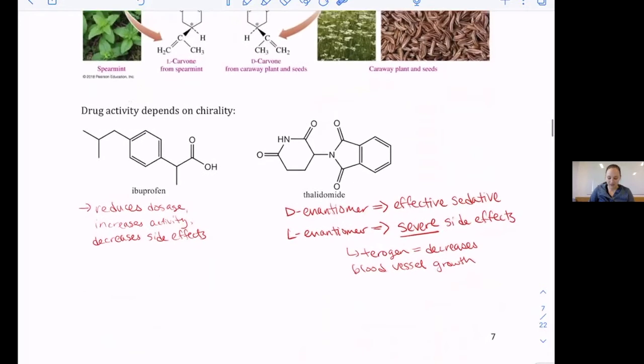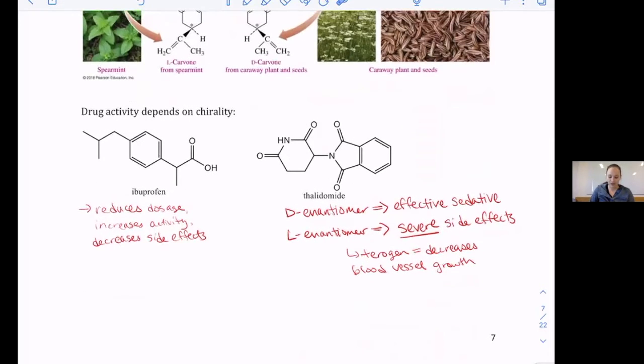And then the last one, which is really important, is talking about drug activity based on chirality. So this first molecule here is ibuprofen, and this carbon is the chiral carbon in ibuprofen. Simply by selling ibuprofen as a single enantiomer, it reduces the dosage required in your body to have the effect, because your body only interacts with one enantiomer.